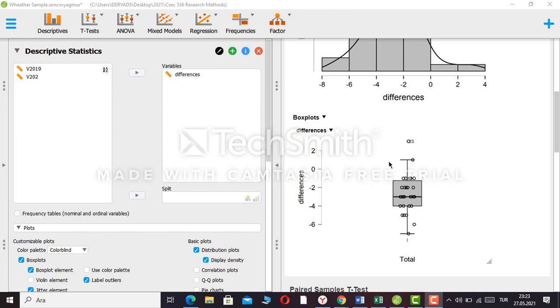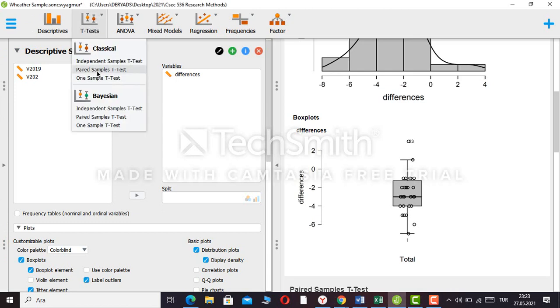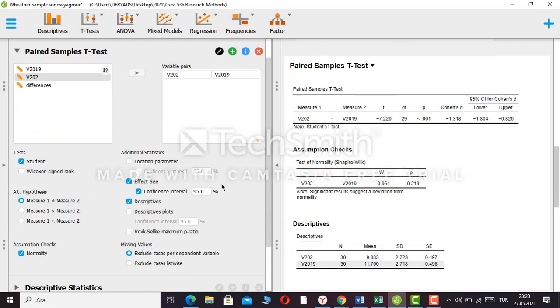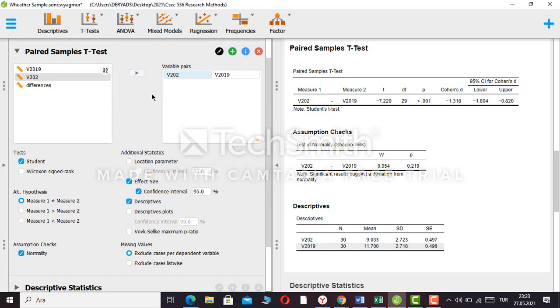So after identifying this outlier, I did my t-test from here and checked its normality. I will show you this now.